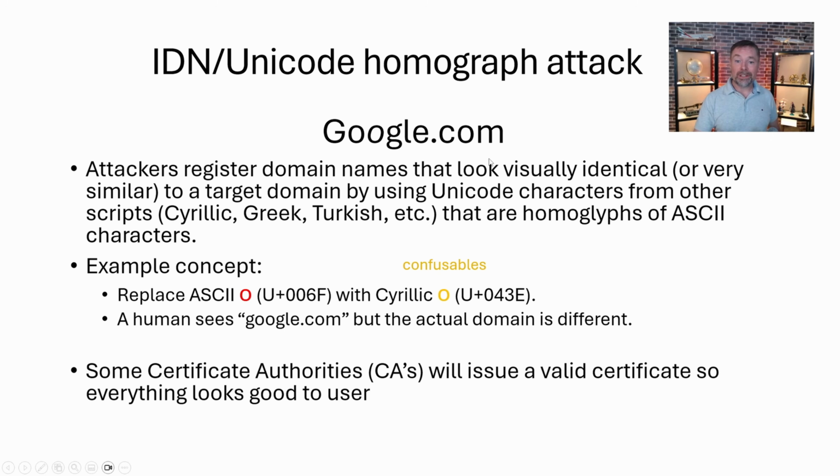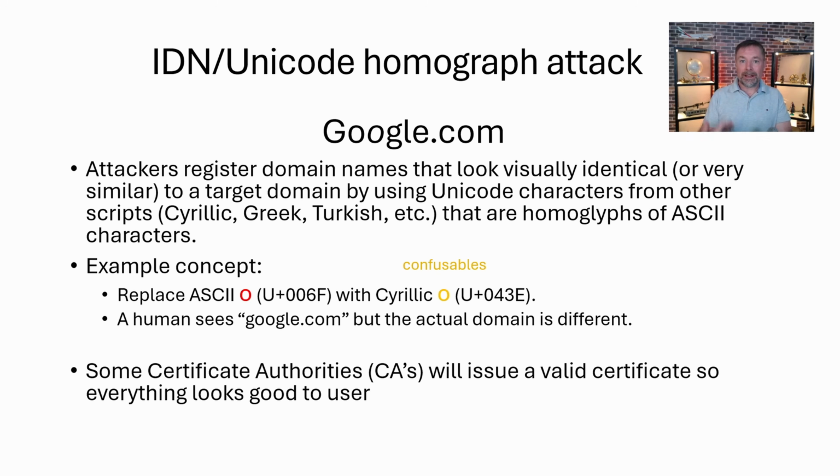Now these are called confusables if to the human eye they look similar. If you look at google.com, you notice that second O looks just a little bit different. If you replace one of the ASCII Latin character O's with a Cyrillic O, it looks almost the same, but it's different.